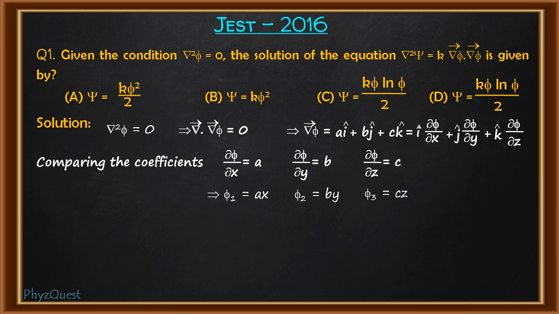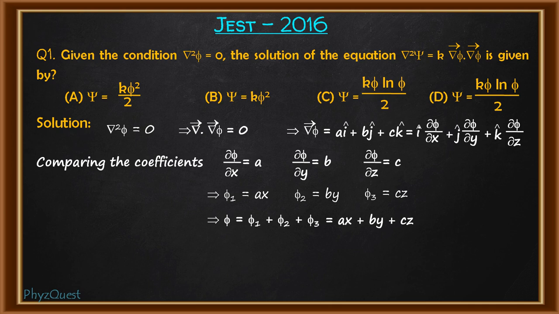Now phi is a scalar, so phi will be equal to phi 1 plus phi 2 plus phi 3, which is ax plus by plus cz. So this is the expression of phi we have got.